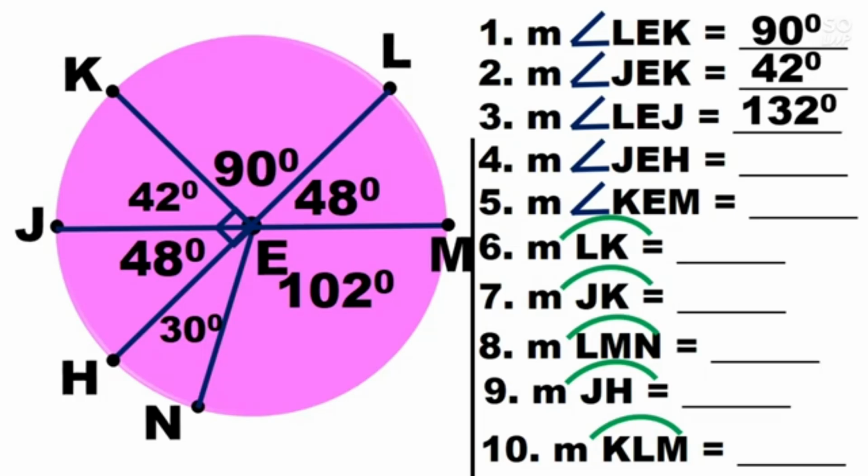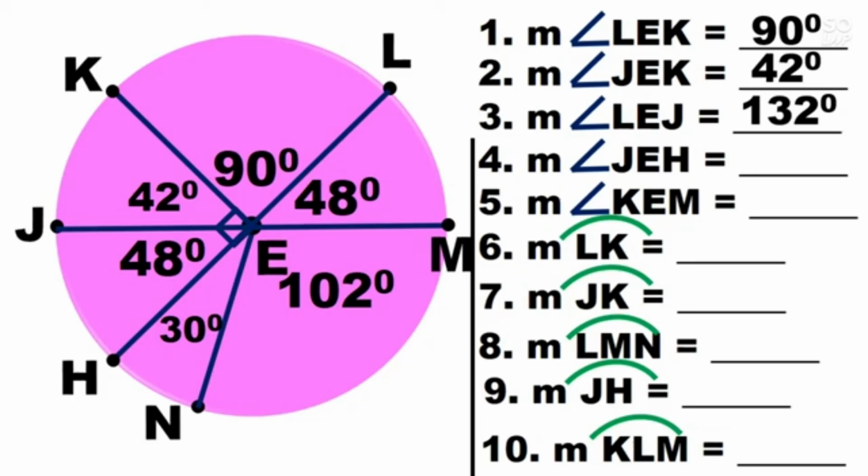Angle LEJ is 132 degrees. Okay, bakit siya 132 degrees? Pagsasamahin natin yung angle LEK at saka angle JEK, which is 90 degrees plus 42 degrees. That's why we have 132 degrees.